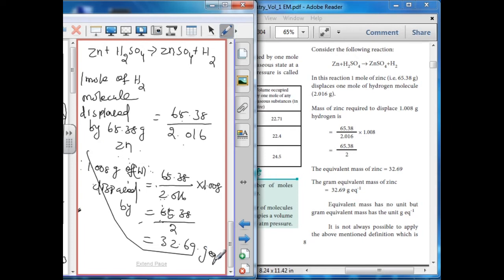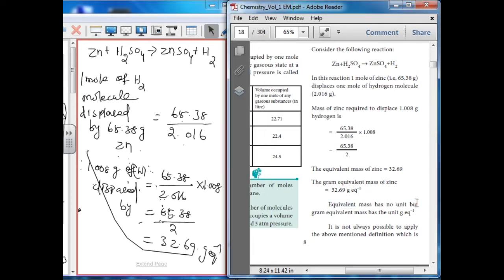Gram equivalent inverse. The equivalent mass has no unit.